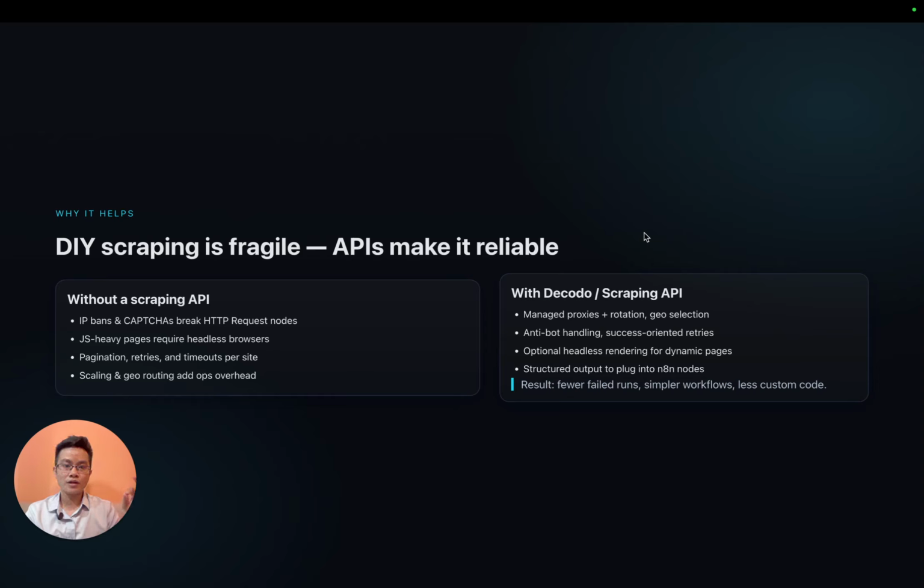They provide managed proxies, anti-bot handling, and headless rendering. Again, it's not an advertising video, but it's an option that you can use to get public data from websites and then use it in your n8n automation workflow.